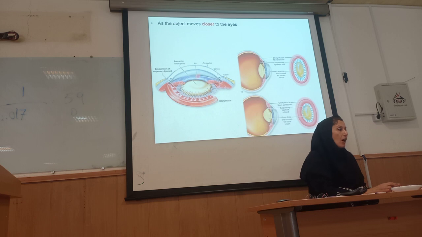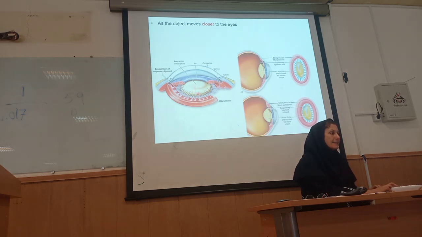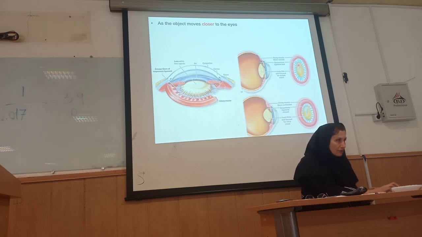As the object moves closer, here is the lens, and here is the suspensory ligament, called the zonular fibers, and here is the ciliary muscle.